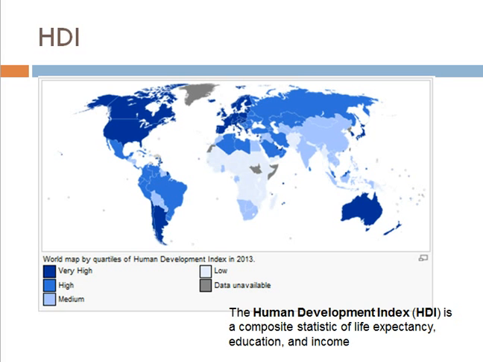And so this is a composite index of life expectancy, of education, and of income. And so when you look at this, you could also think about human rights. You can think about gender differences or gender equity. These are all related in certain ways to the Human Development Index.